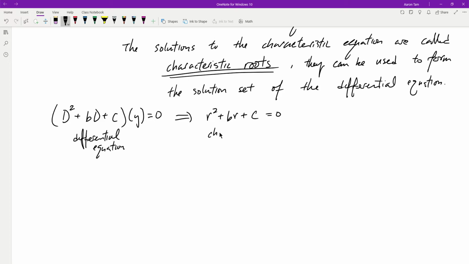That will be our characteristic equation. And yes, this process can be expanded to higher order differential equations. That's what we're going to do eventually. But just remember what I said, I cannot teach you everything in one day, so we'll slowly work to that. And let's assume this equation would have two roots, let's say r sub 1 and r sub 2. So these are called characteristic roots.